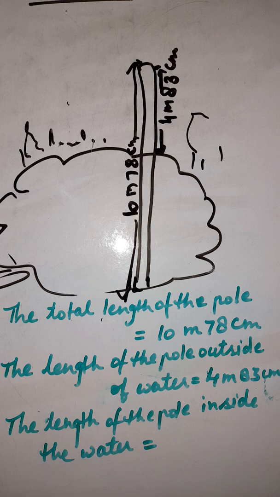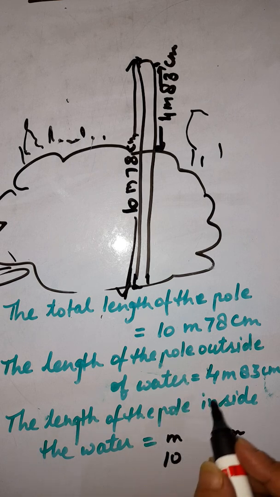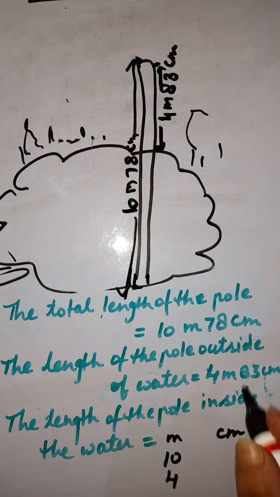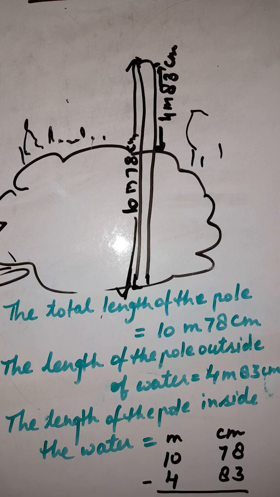we'll just separate the meters and centimeters columns, then put the numbers below meter and centimeter. Here 10 meter and 4 meter, and here 78 centimeter, and below this 83 centimeter. Now we'll subtract both numbers.